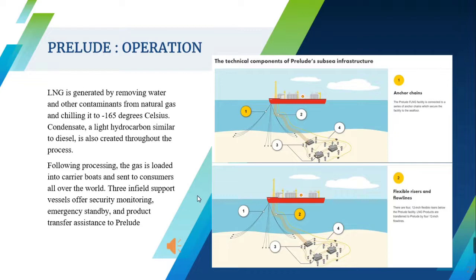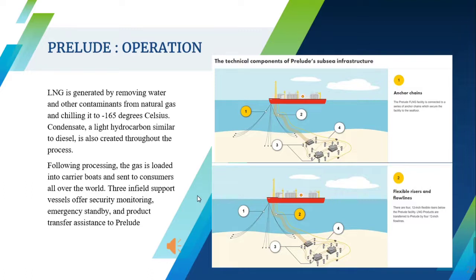Condensate, a light hydrocarbon similar to diesel, is also created throughout the process. Following processing, the gas is loaded into carrier boats and sent to customers all over the world. 3 infield support vessels offer security monitoring, emergency standby, and product transfer assistance to Prelude.